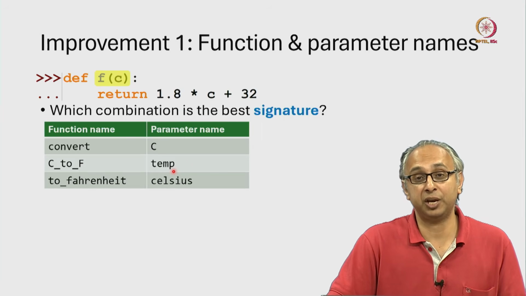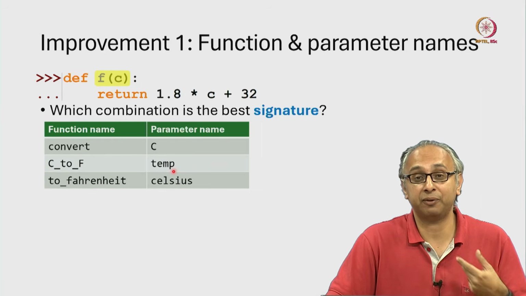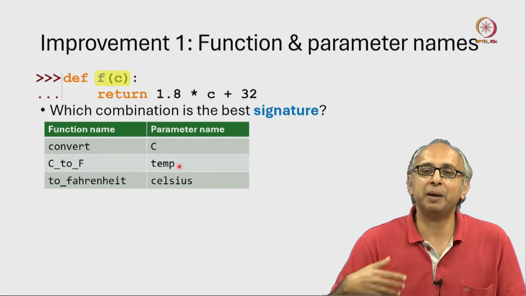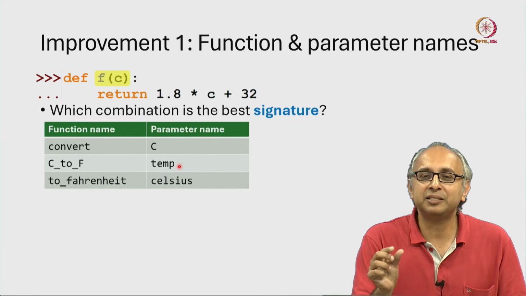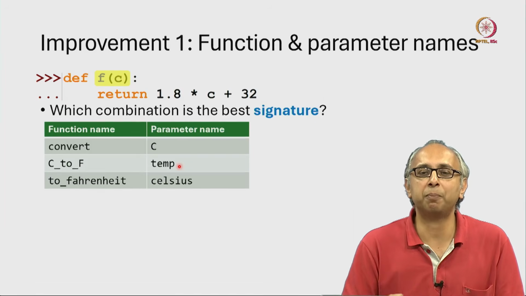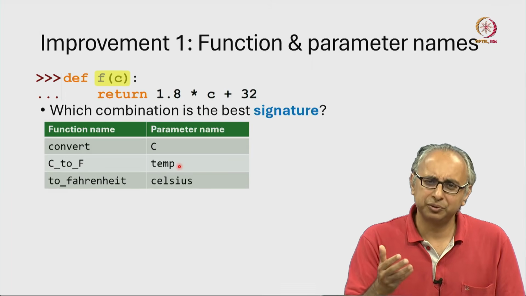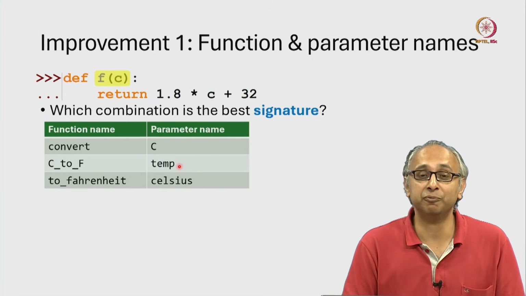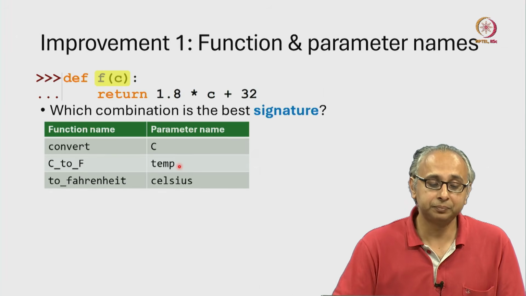Temp suggests temperature for the name of the parameter. Unfortunately, temp is often also used by programmers to indicate temporary variables. As we have seen, when we want to swap two variables, we introduce a variable called temp. So temp is definitely better than just C, but perhaps temperature would have been even better.